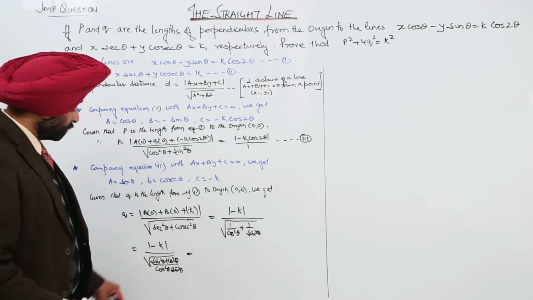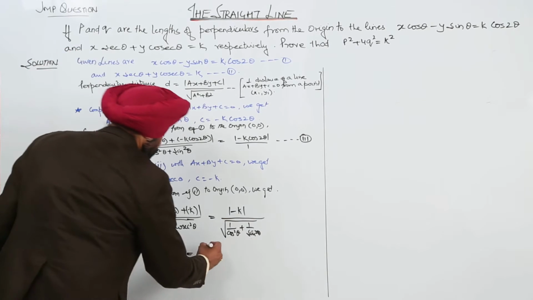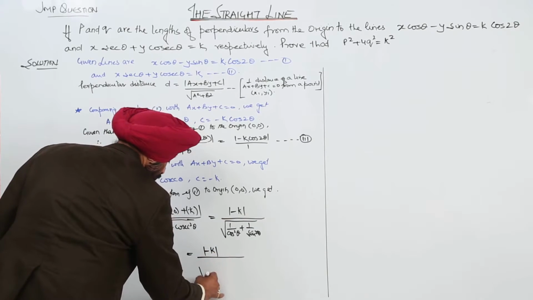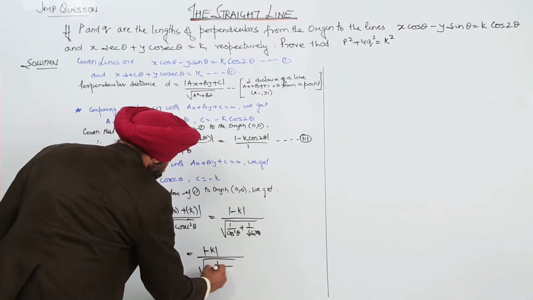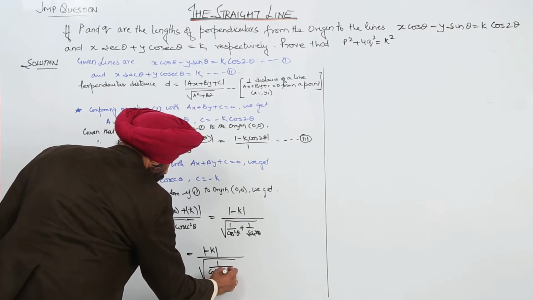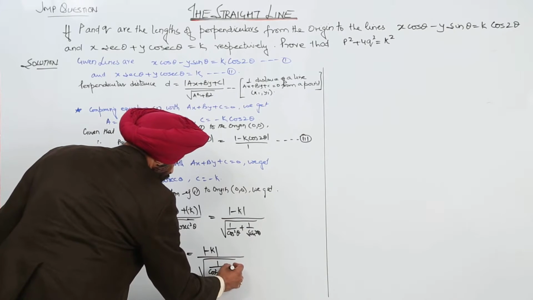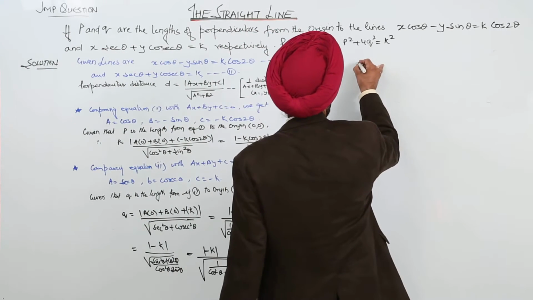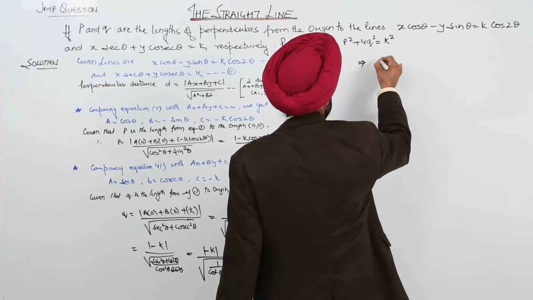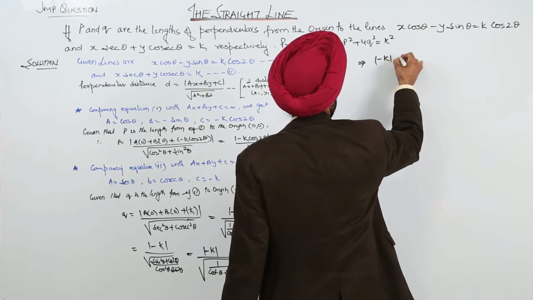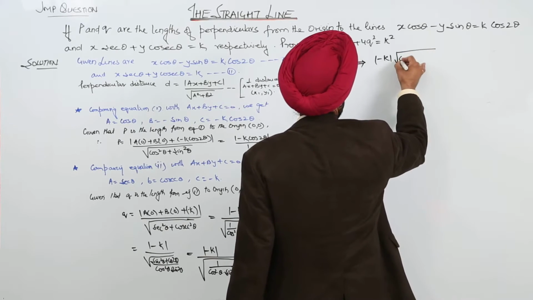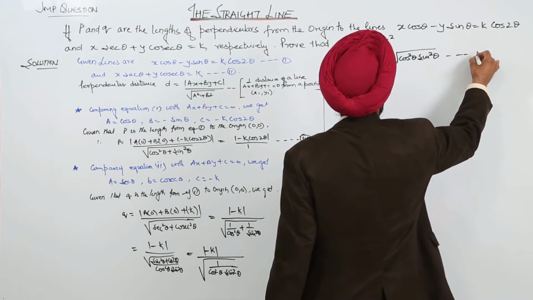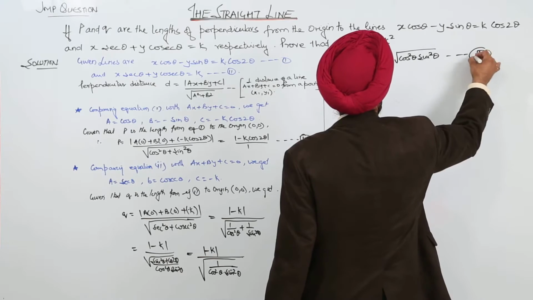Now sin square theta plus cos square theta is 1, so we have negative of k upon square root of 1 upon cos square theta sin square theta. Further, this becomes negative of k with cos square theta sin square theta. Let this be equation number 4.